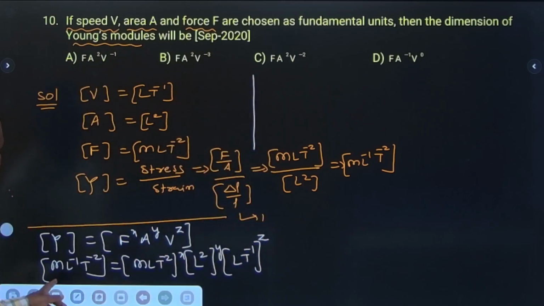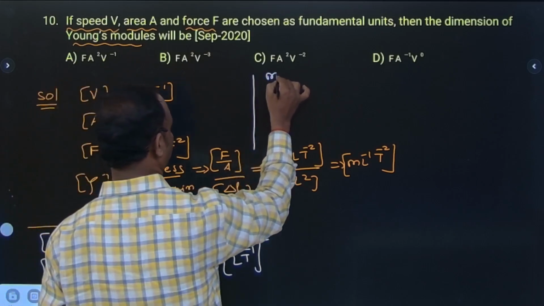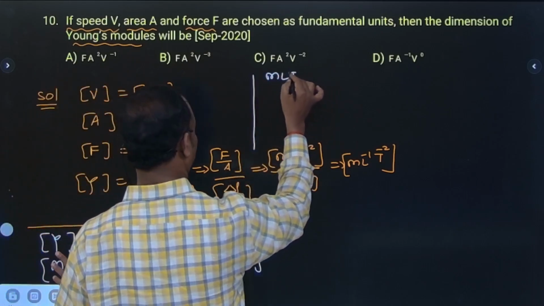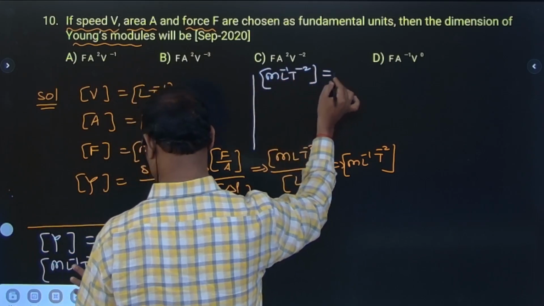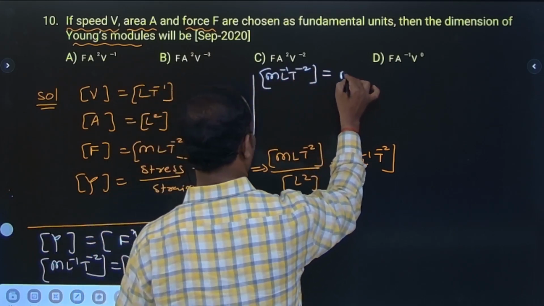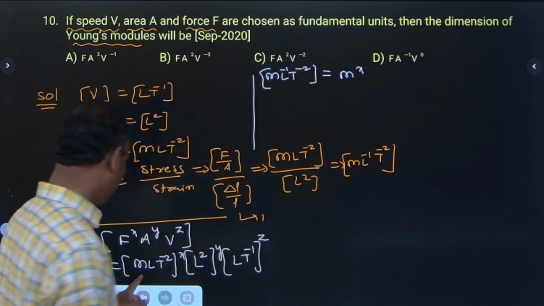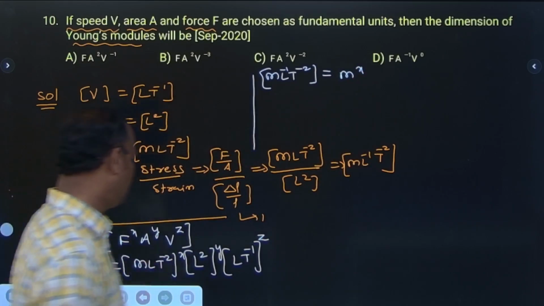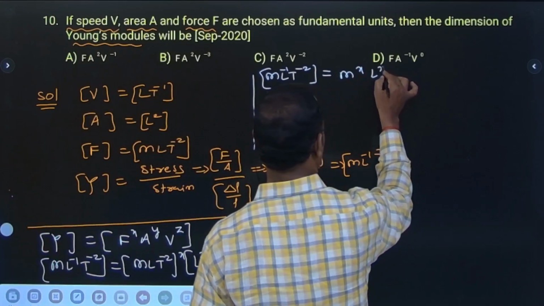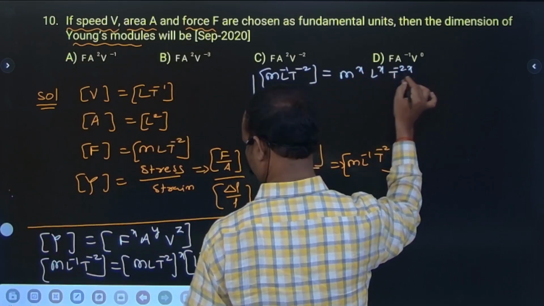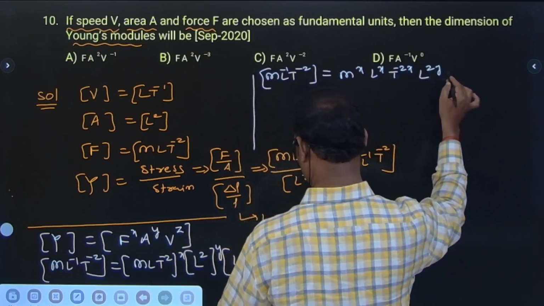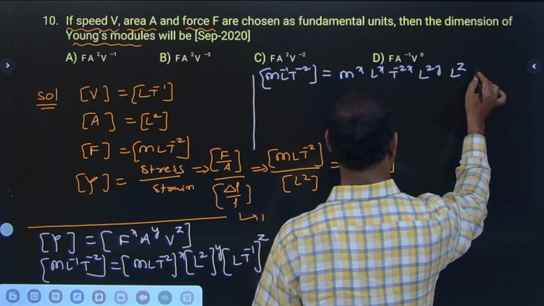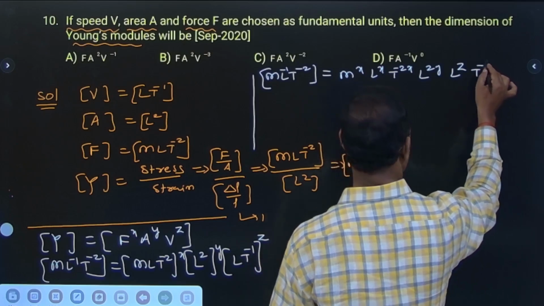Now I am comparing this. ML minus 1 T minus 2 is equal to M to the power x, L power x, T power minus 2x, L power 2y, L power z, T power minus z.